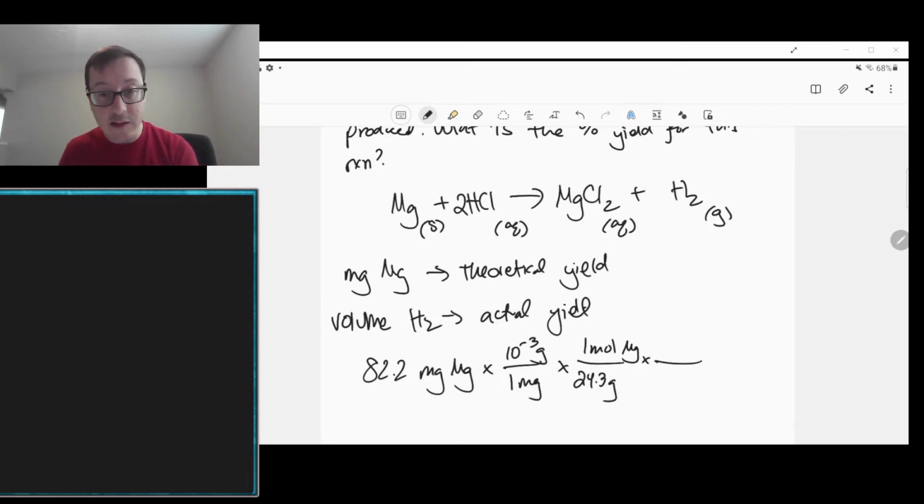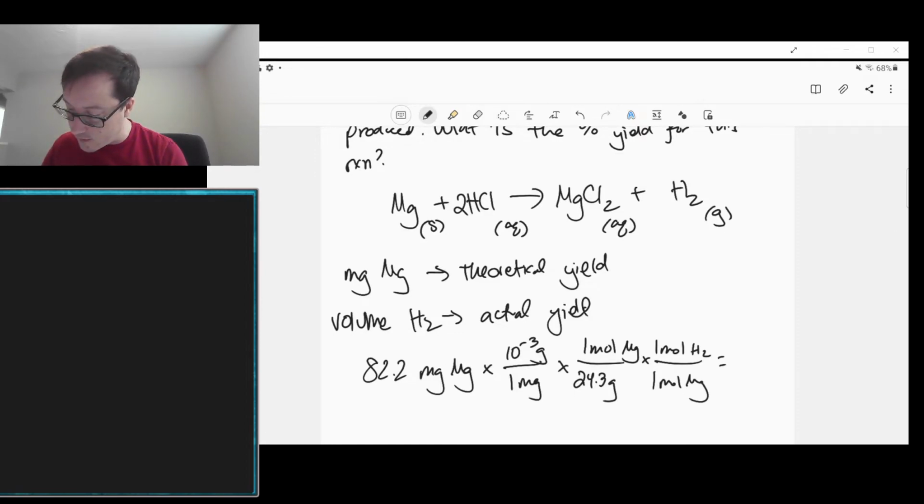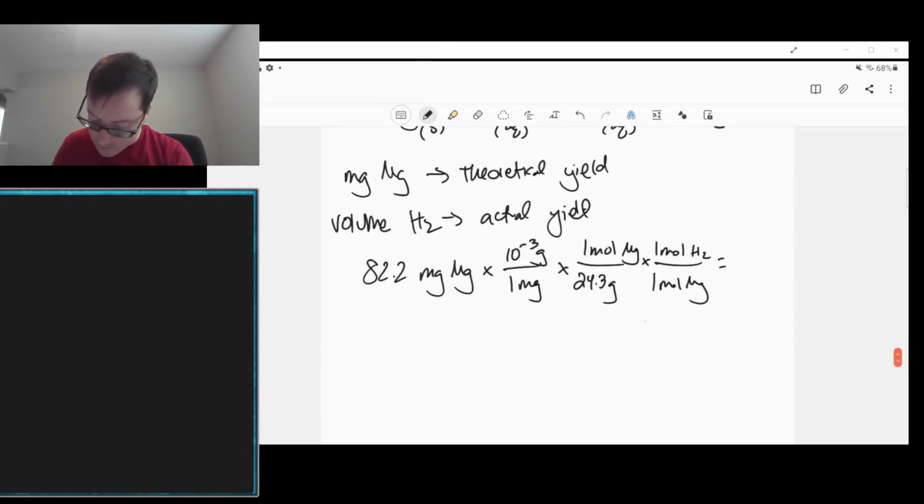We have a 1-to-1 relationship, so we have 1 mole of magnesium to 1 mole of hydrogen. So our theoretical amount of moles will be 82.2 divided by 1,000, which is the same thing as times 10 to the negative third, divided by 24.3, and that's it. So our moles here, we're looking at 0.0033827 mole, and 3 sig figs for that.